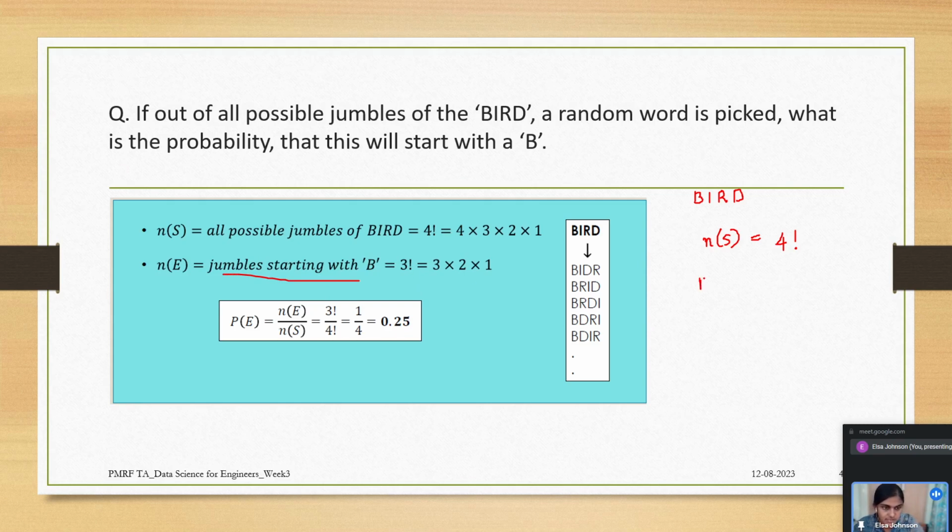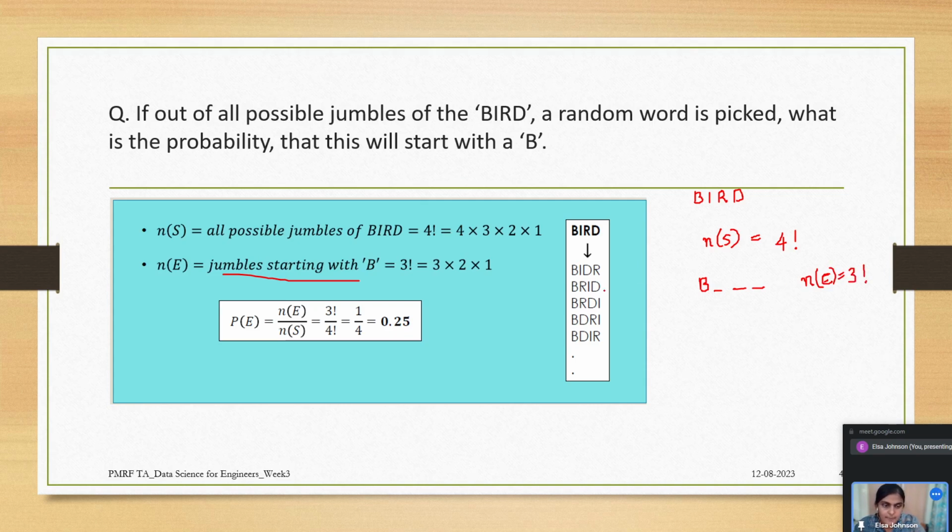Because you fix B at the start, and then you check the variations in which the other 3 letters can be arranged. You can see here B-I-D-R, B-R-I-D, B-R-D-I, every different variation. All these variations have their starting alphabet as B. So this number of outcomes for the event can be given as 3 factorial.